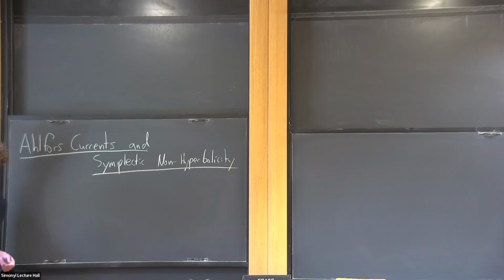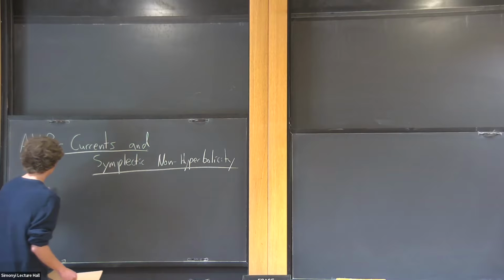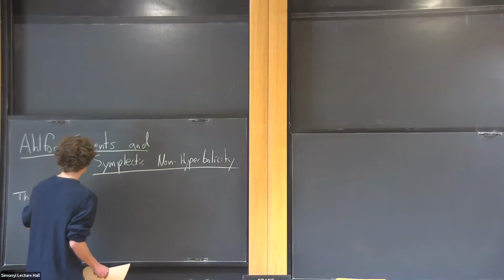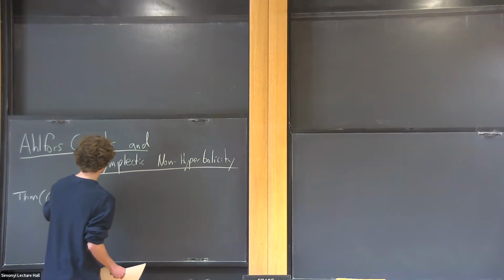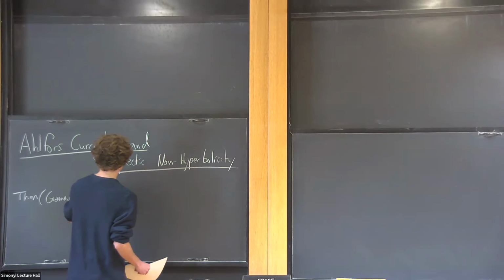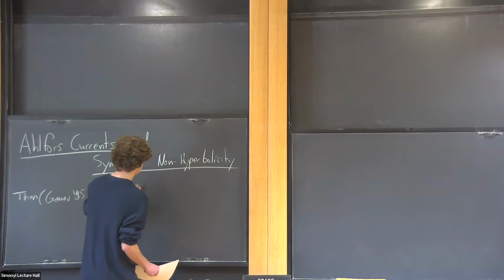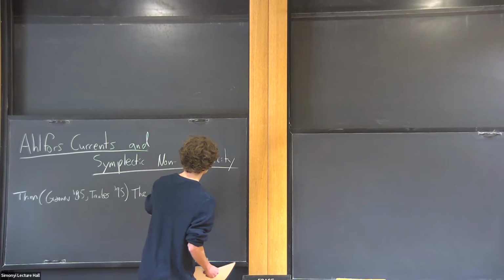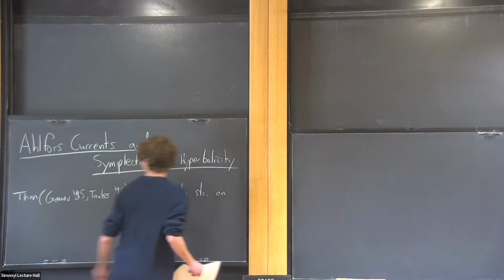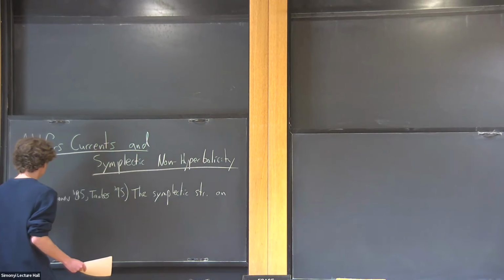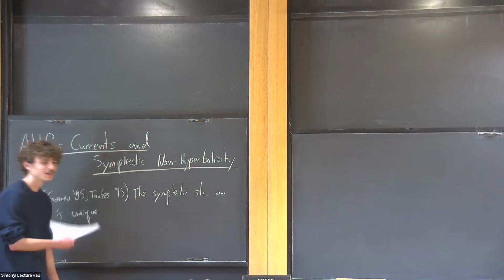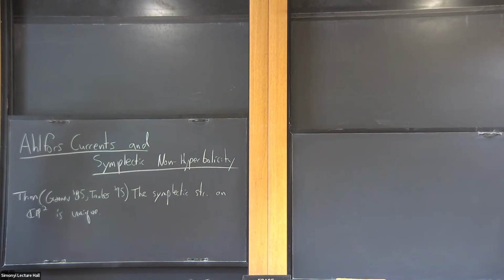First, let me provide a little motivation, just to motivate the theorem. It's by Gromov and Taubes. The symplectic structure on CP2 is unique, given its volume form or something like that.